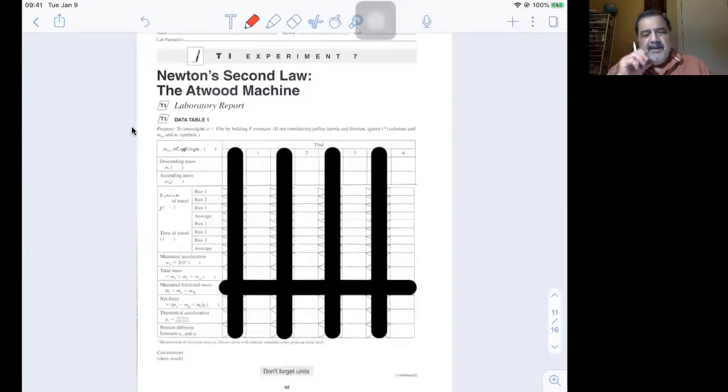In your lab, mass 2 was descending. So I've changed it around a bit. Plus the distance isn't always the same, so I've added this section where you have to measure the distance each time.